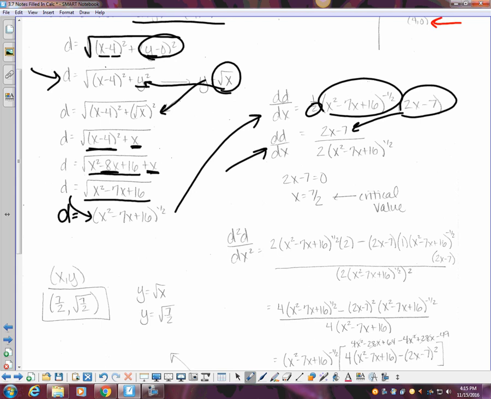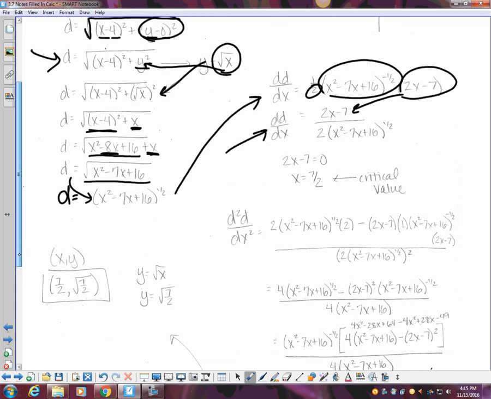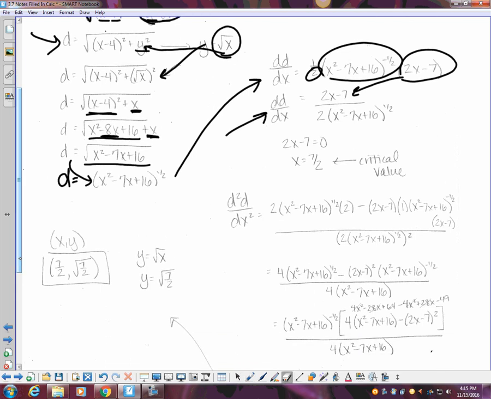This is the only hairy part of all of these problems, all of these optimization problems. The second derivative of this one is hideous, but you've got to be able to muddle through it. Okay, so I'm taking this and going to the second derivative.